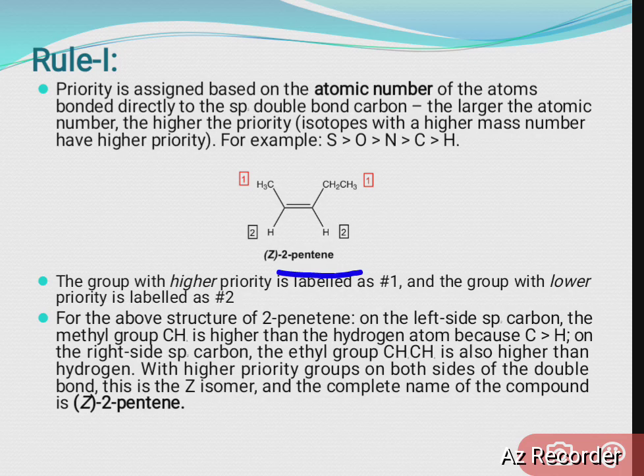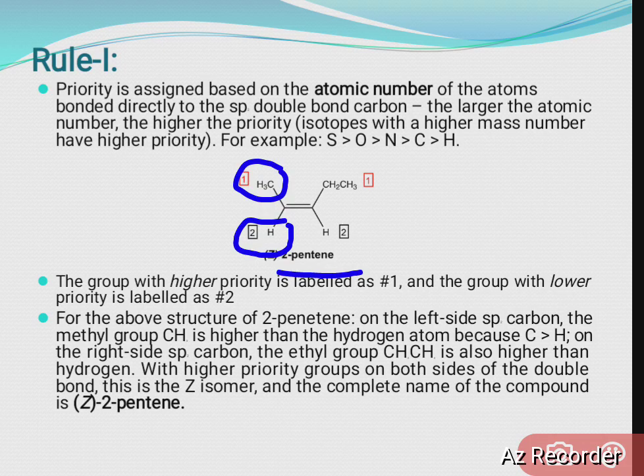Regarding hydrogen and CH3, hydrogen's atomic number is 1, CH3 carbon's atomic number is 6. Hence CH3 is the more prioritized one, it gets first priority, and hydrogen gets the second priority.